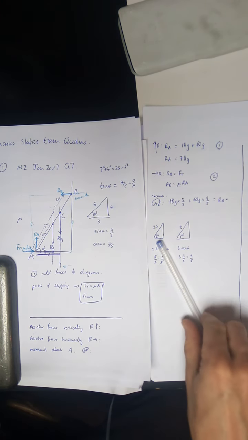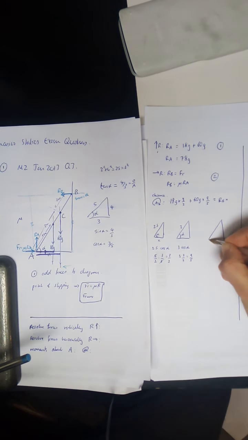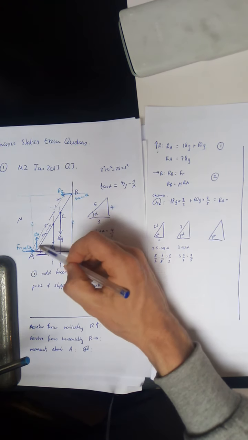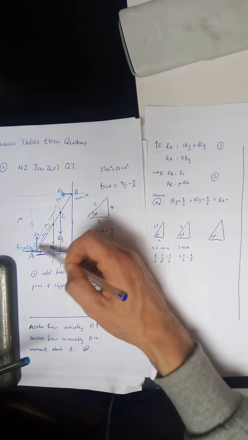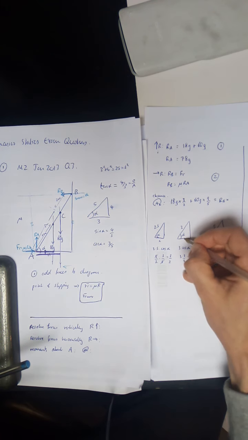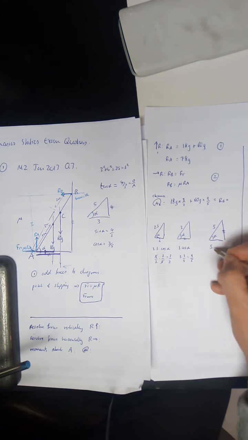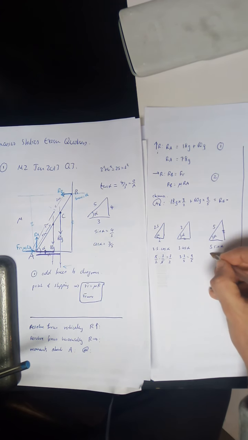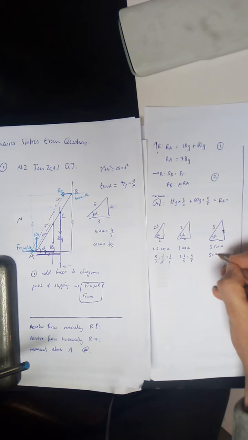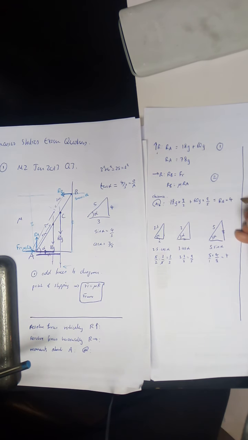We need to work out that length there. Let's have a look at that triangle. That's alpha. That whole distance is the length of the ladder, which is 5, 3 plus 2. We're after this distance here. So this distance is going to be 5, it's opposite, so sine alpha. 5 times sine alpha, which is 4 over 5. Good thing we had that ready to go earlier. Let's cancel with that, and we just get 4. So RB times 4. And that's our third equation.